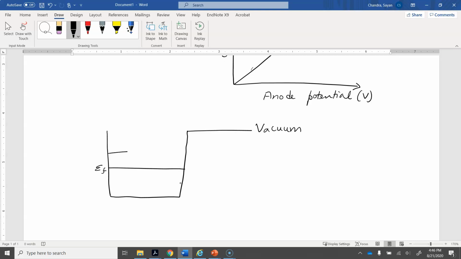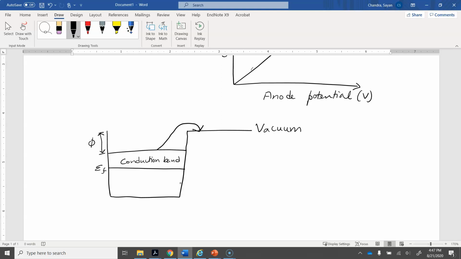This is your conduction band, and the energy difference between the top of the conduction band and the vacuum is the work function that is necessary for an electron to escape.